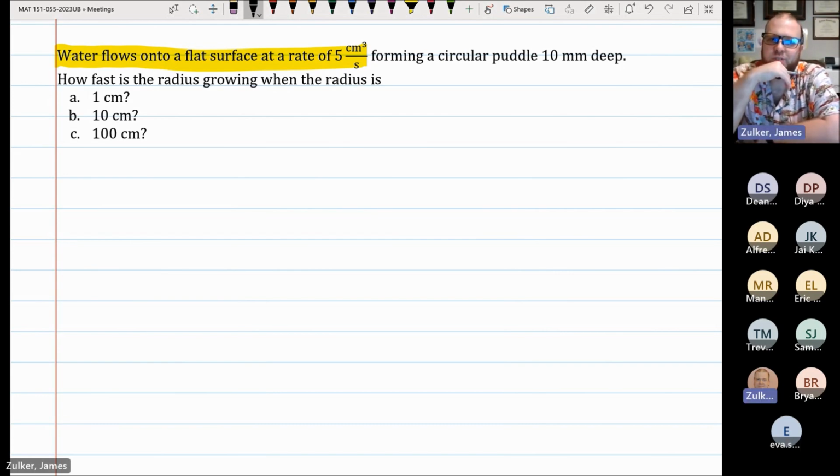So you know that's going to be a derivative. Cubic centimeter is a volume. So we're given the rate of change of volume with respect to time.